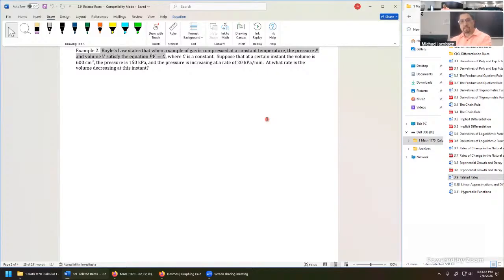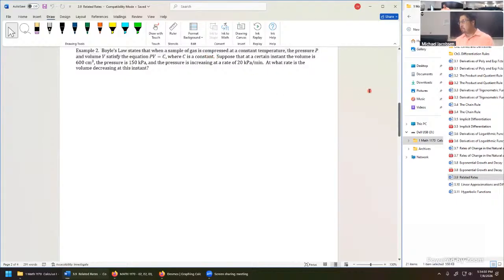Pressure times volume equals C, where C is some constant. It needs to be a constant determined for each gas in each new experimental setting. So with constant temperature, pressure and volume satisfy that relationship. If we increase the pressure because maybe volume is decreasing, you'll still always maintain that relationship there.